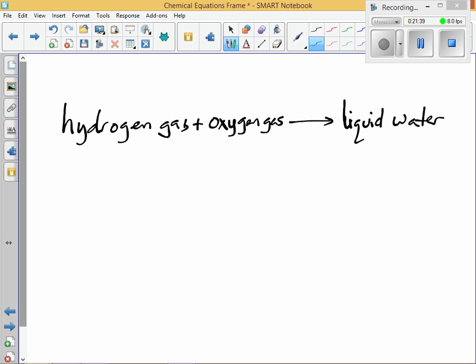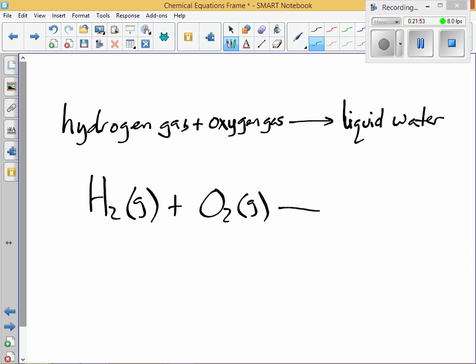In a skeleton equation that's not balanced, we get hydrogen gas, and we get oxygen gas. You see that? That's how diatomic molecules appear in nature, and those react to form water in the liquid form. That's a skeleton equation. That's your first step.